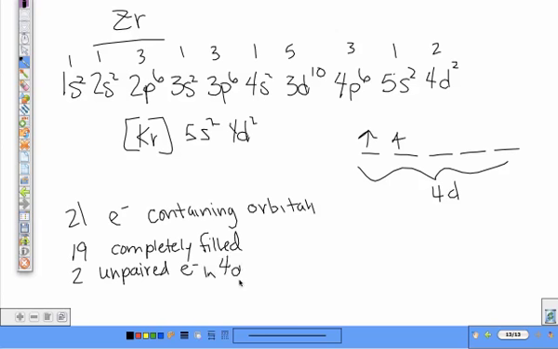And then I don't know if it asks, but how many empty orbitals are there? 3. Why wouldn't there be 3 empty orbitals? How many orbitals are empty? Right. You still have the possibility of filling 8 more electrons, though.